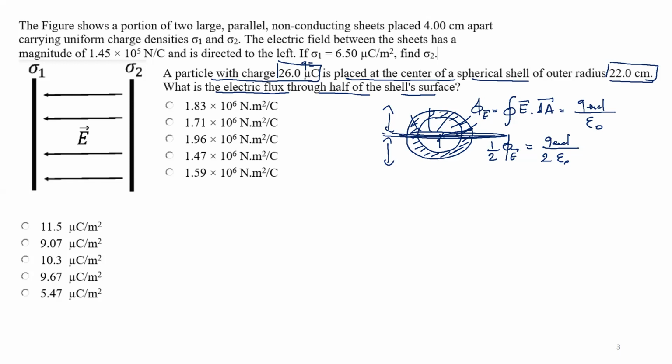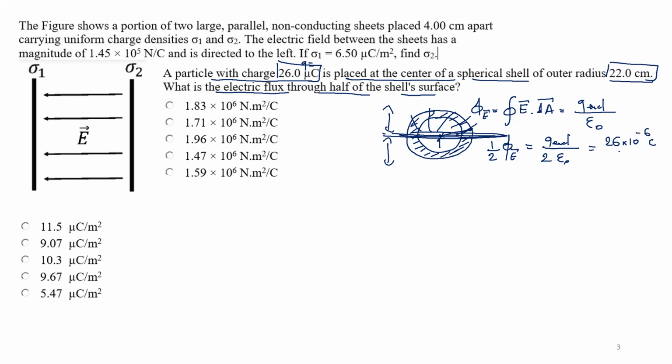Well, easy. My Gaussian surface is here. Of course, the whole shell is my Gaussian surface. So the charge enclosed is just this Q naught, which is 26 microcoulomb, so 10 to the power minus 6.